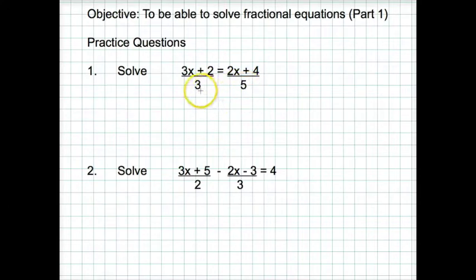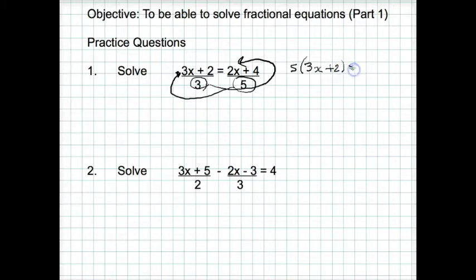So basically what we can do is take this 3 and move it up to there and times it by 2x plus 4. We could take this 5 and move it up to there and times it by 3x plus 2. If I write this out using brackets, this becomes 5 multiplied by 3x plus 2, and on the other side that's going to be equal to 3 multiplied by 2x plus 4.